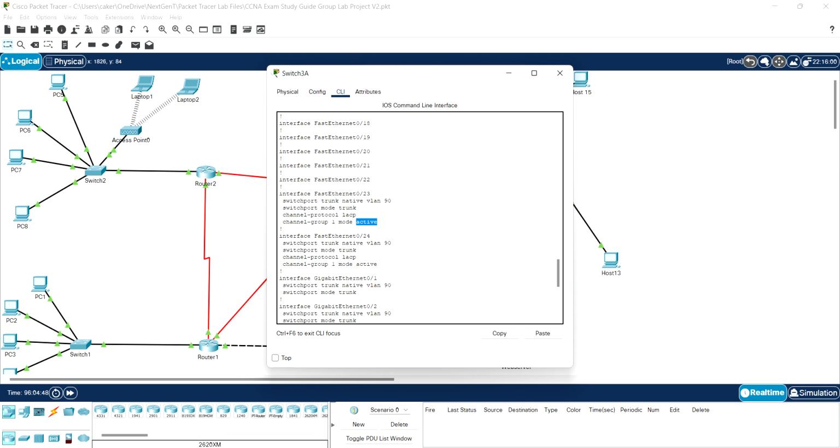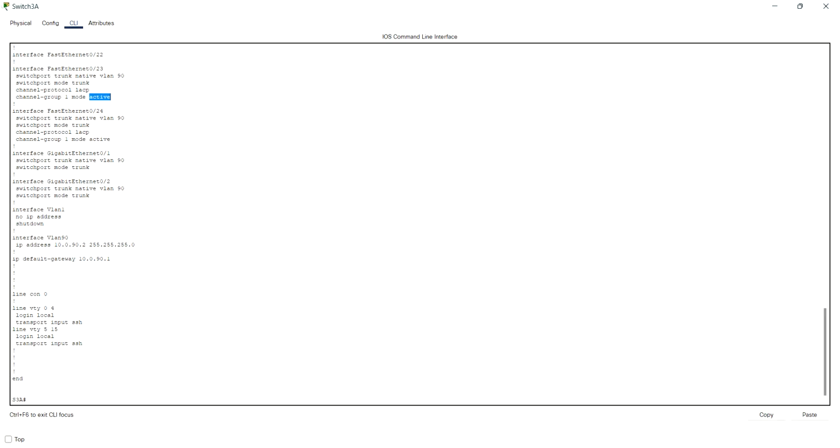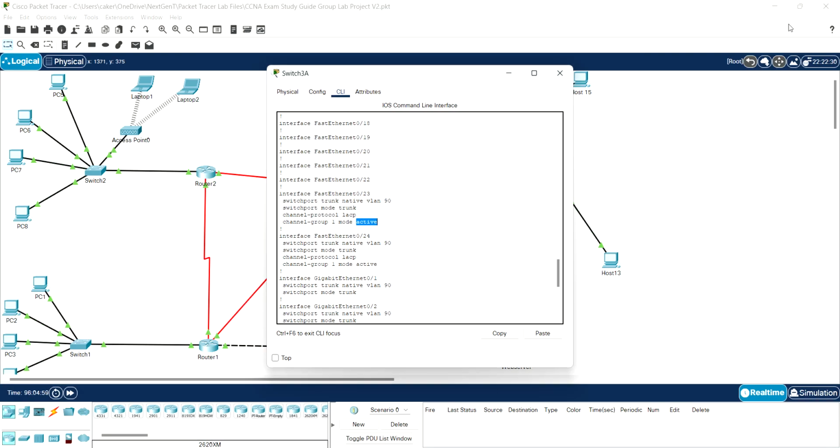And then of course that just kind of repeated on the other switches.